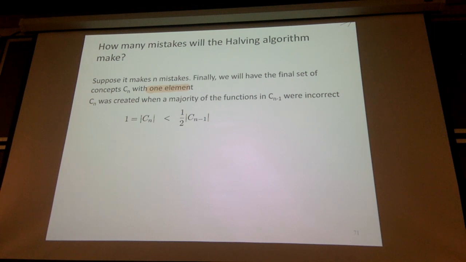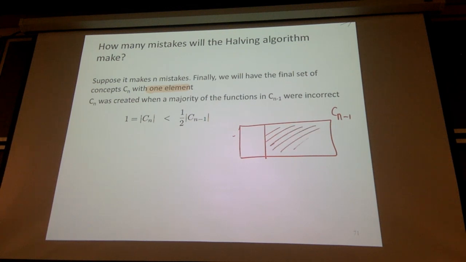What we also know is that Cn was generated by taking another set, Cn minus 1, and throwing away something from it to get Cn. There was a set, let's call this Cn minus 1, and more than half of these made a mistake. That's why we removed this side, and we were left with exactly one thing. This is Cn.